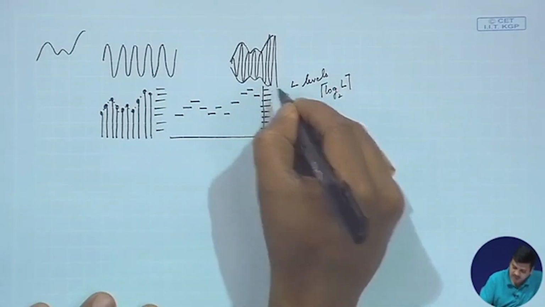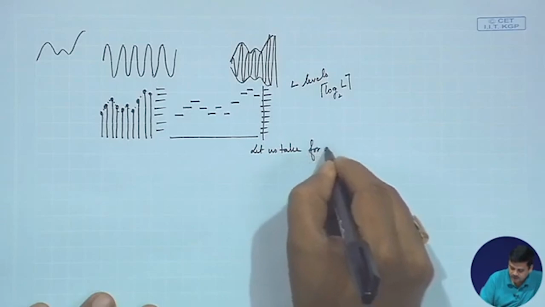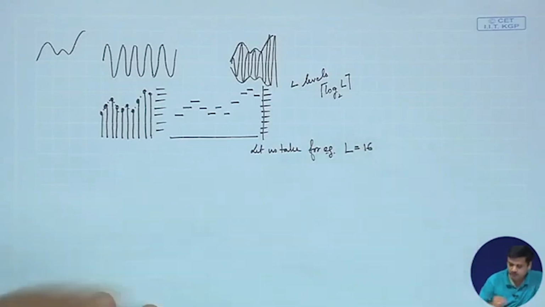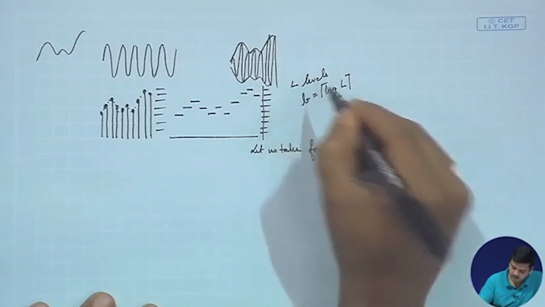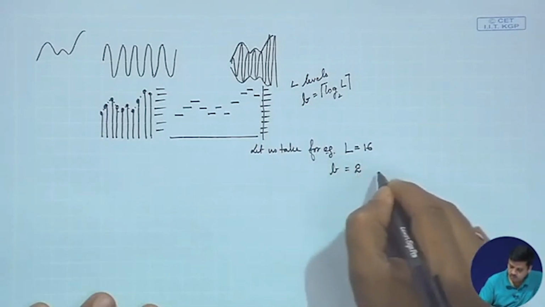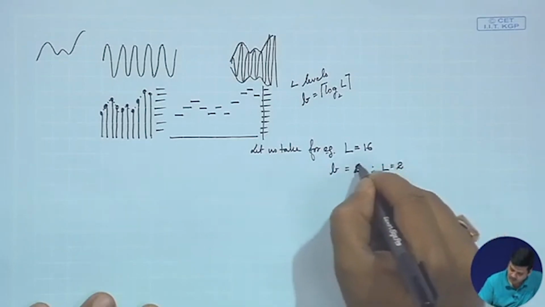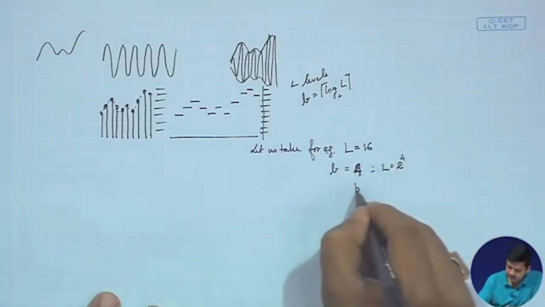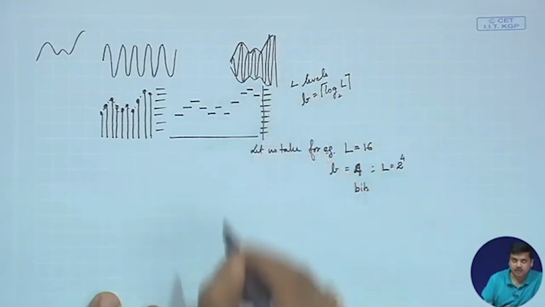So, let us take for example L is equal to 16. In this case, B would be equal to 4, because L is equal to 2 to the power 4, right. That means there are 4 bits required to identify each level uniquely in a fixed coding.